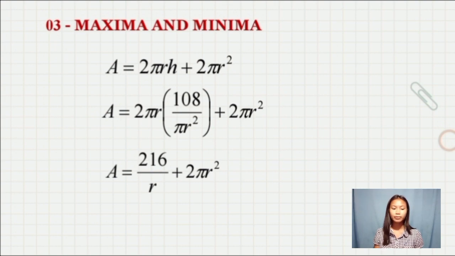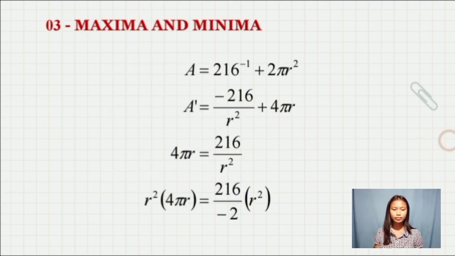Simplifying it, it will become 216 over r plus 2 pi r squared. Simplifying the equation, it will become 216 r to the power of negative 1 plus 2 pi r squared in order for us to get the r. So it will become negative 216 over r squared plus 4 pi r.